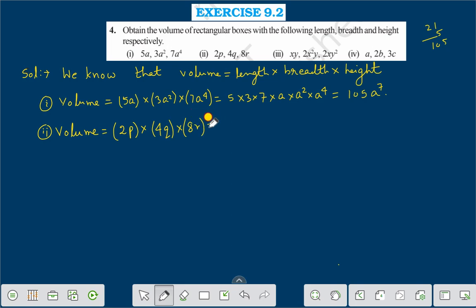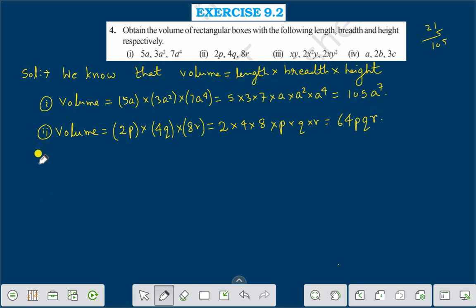First of all multiply the numbers, that is 2 into 4 into 8, into p into q into r. That comes to 64 pqr, and that is the answer.